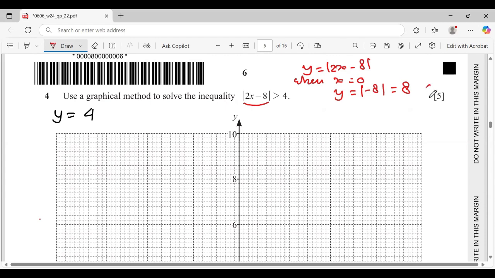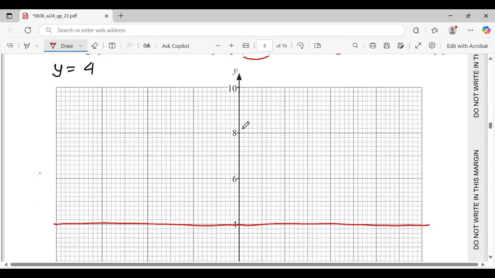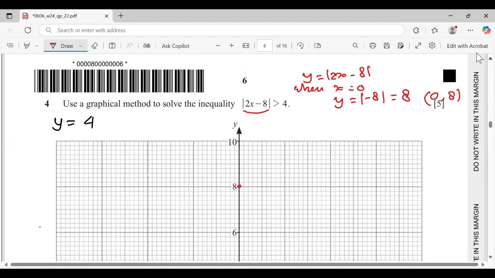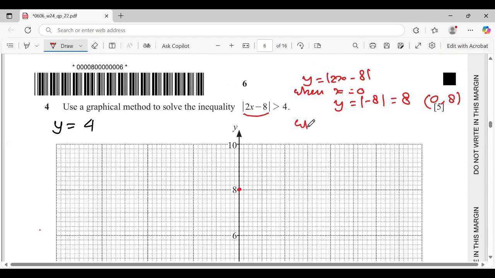So the coordinate point is 0, 8, here. And as well, if x equals 8, y equals modulus 16 minus 8, which is 8. So the coordinate point is 8, 8, and here is the coordinate point.